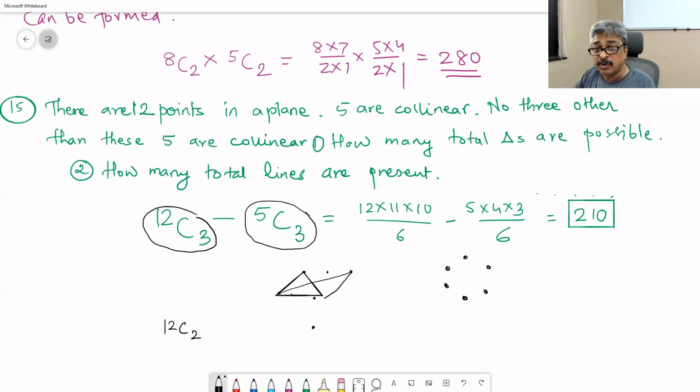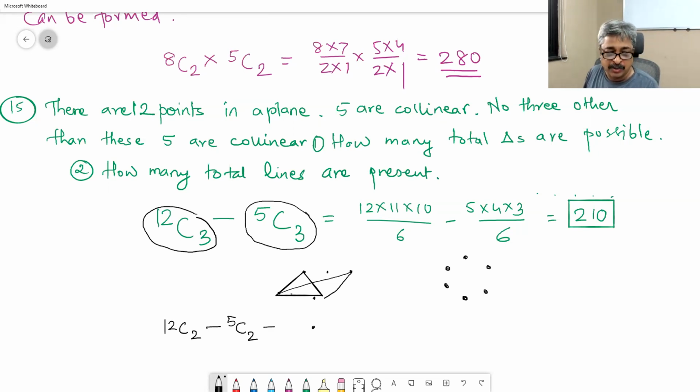But 5 are collinear. Therefore, if we happen to choose 2 points out of those 5, they will keep producing the same line. So that much number we have to subtract, but then we have subtracted all the lines produced by those 5 collinear points.